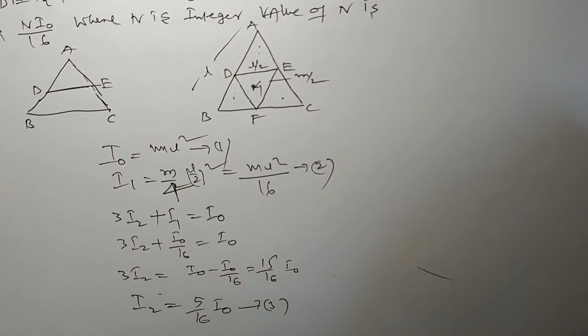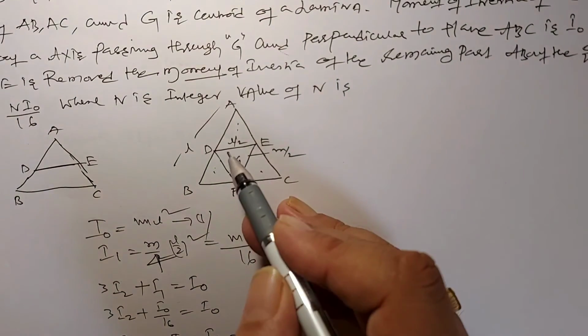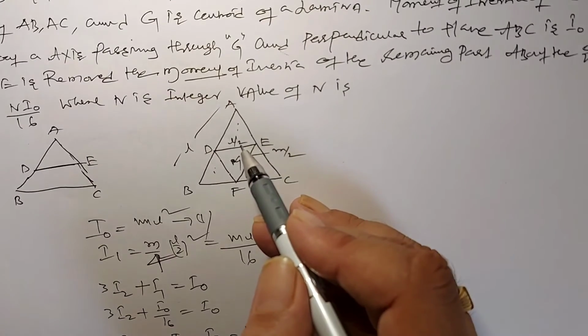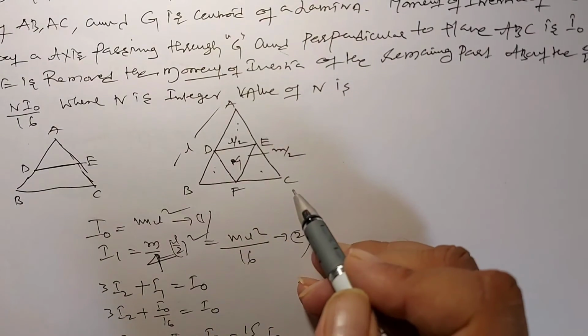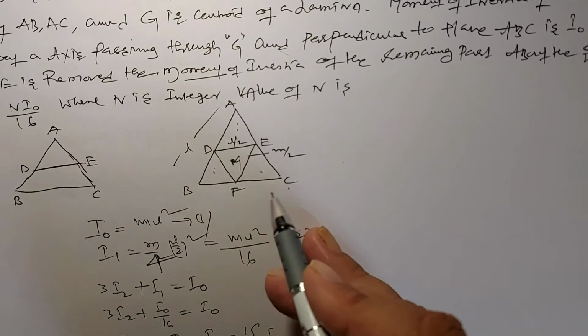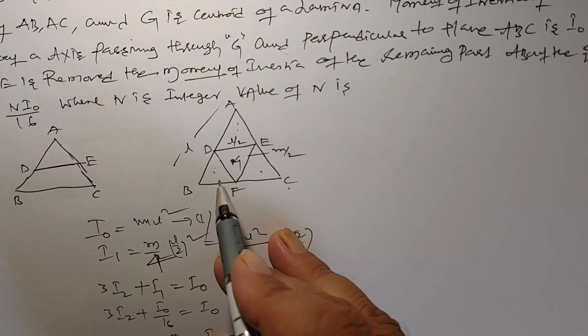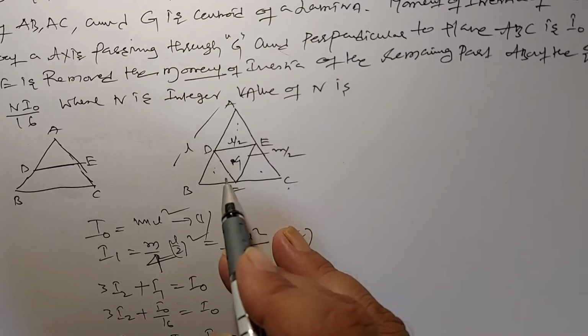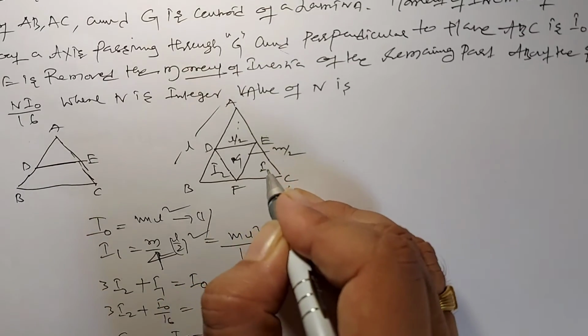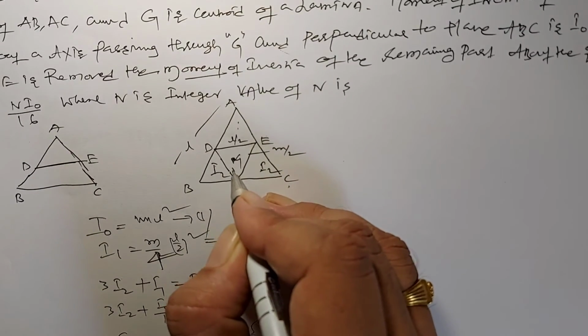Now if the ADE part is removed, which part remains? The DECB part remains. Now we want to find its moment of inertia. In DEBC there are 3 plane laminas: the moment of inertia of this one is I2, this one is I2, and this one is I1.